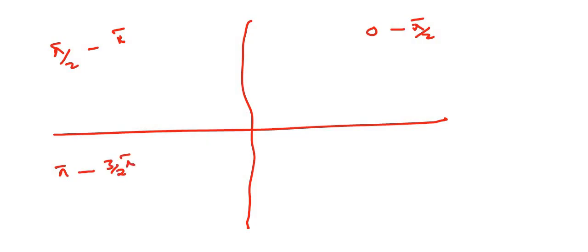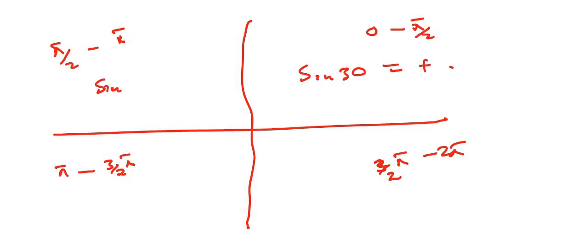Then here angles range from 270, 3 over 2 pi, to 2 pi, that's 360. If you punch anything like sine 30, 30 is from this interval, so the answer has to be positive. Then if you punch sine 120, 120 is between 90 and 180, this is still going to be positive, but cos 120 is going to be negative. Then tan 120 is also going to be negative.